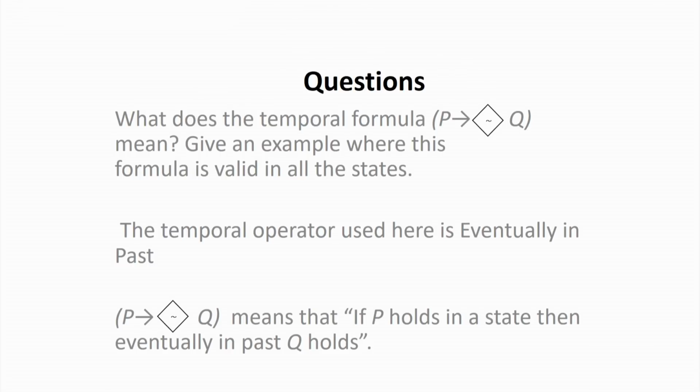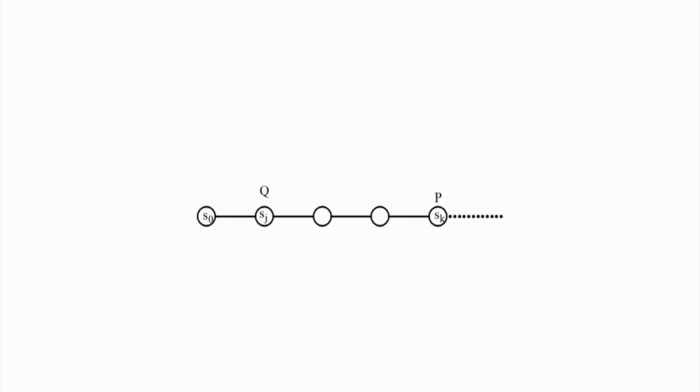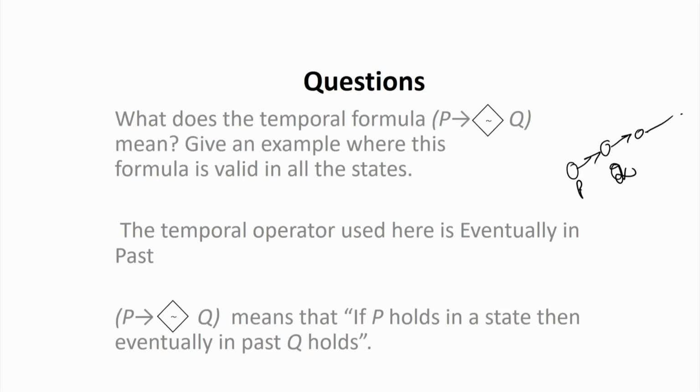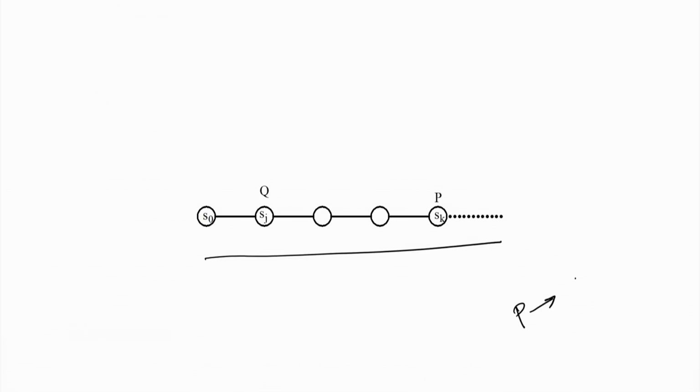Now, you try to define some model like that, label it with P and Q, and try to find out the states where this particular formula P implies Q is true and where it is false.